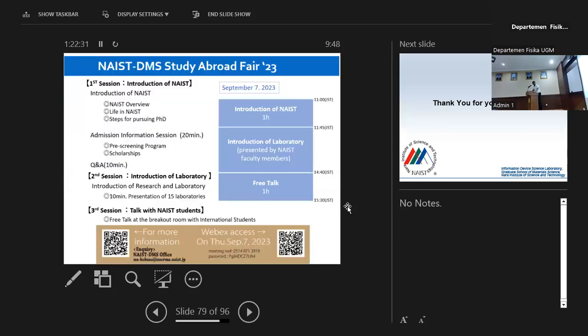Unfortunately, I don't have the slides. But you can join the NAIST DMS Study Abroad Fair on September 7th. We have many scholarships, like the MEXT scholarship by the Embassy, the MEXT scholarship from NAIST, and the NAIST International Scholarship. Of course, the slots are limited, up to 9, I think.